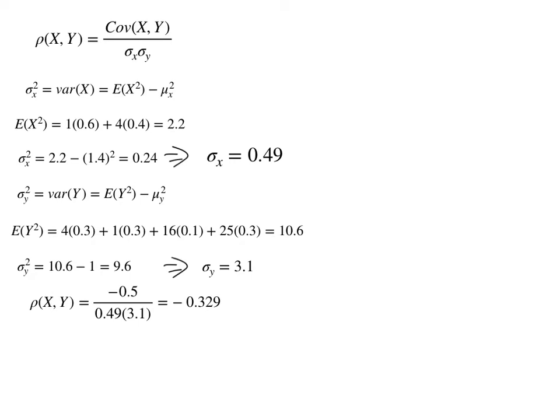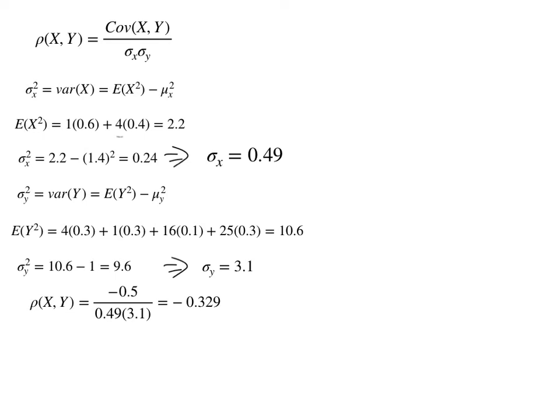Now the correlation is given by covariance xy upon sigma x sigma y. So sigma square x is given by variance x, equal to E of x square minus mu square of x. E of x square is 1 into 0.6 plus 2 square, that is 4 into 0.4, that's equal to 2.2.